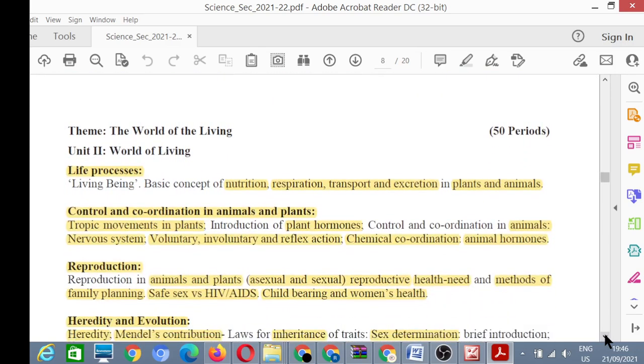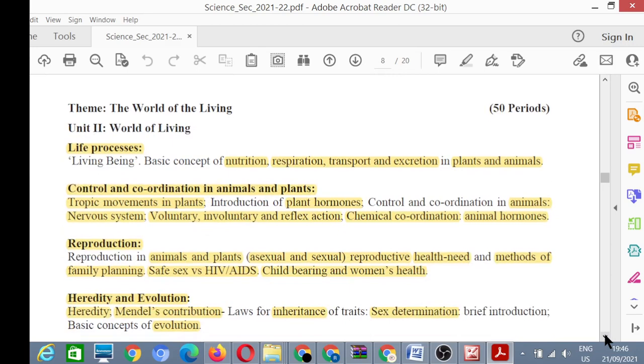Now next is unit number two, which belongs to biology, the world of living things. Here we will discuss the first chapter, life processes. In life processes we will discuss living beings and the basic concept of nutrition.